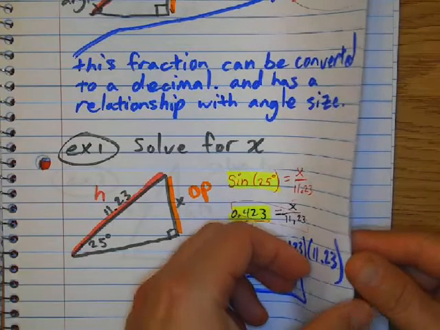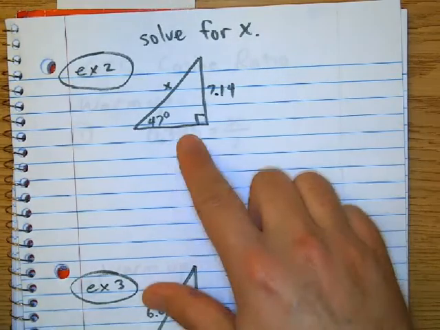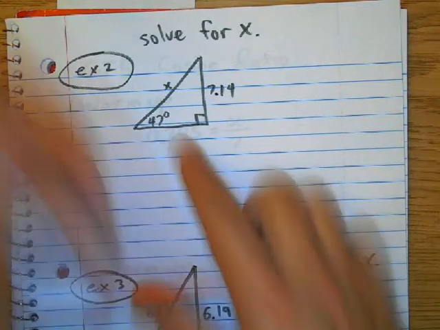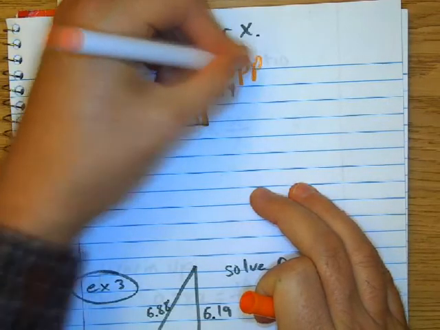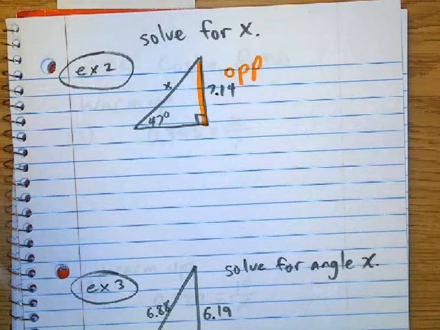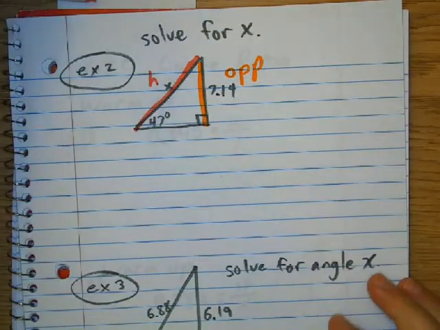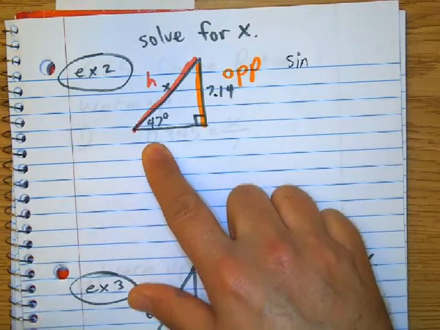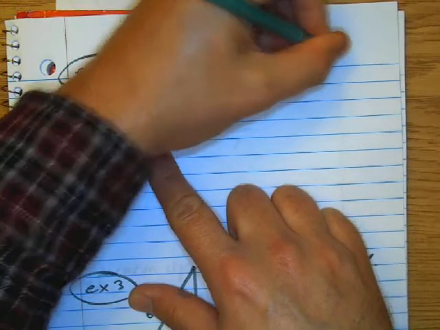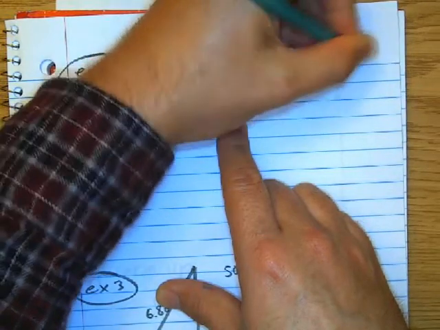Let's do 2 more examples. Okay, so here I want to solve for x. I've got my reference angle, so I'm going to get the opposite side, and I've got my hypotenuse, so I've got my sine ratio, sine of 47 degrees equals the opposite over hypotenuse, 7.14 divided by x.